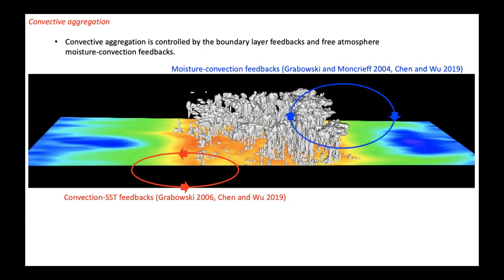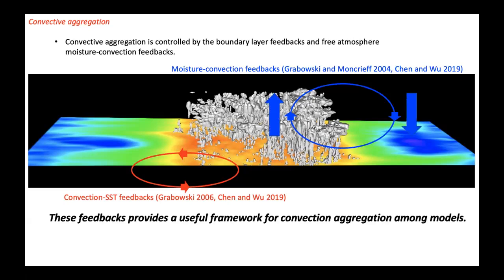The other type of interaction is the convection moisture feedback, as the convection tends to develop nearby the convective system, leading to the clustered convective system, and hence the development of aggregated convection. By analyzing the competing effects of these two processes, we can design a framework to evaluate a model toward the development of aggregated convection.